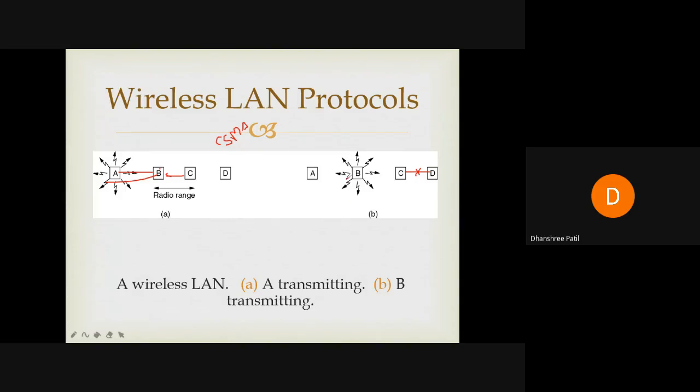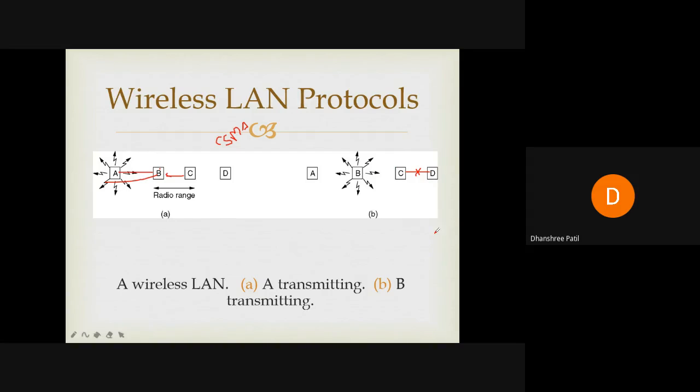And what does exposed station mean? Here B is transmitting to A, but B is near to C. So as it is near to C, C can easily recognize that B is transmitting to A, but at the same time, C will conclude that one of my neighbors is busy with another station, so D may also be busy with some other transmission.